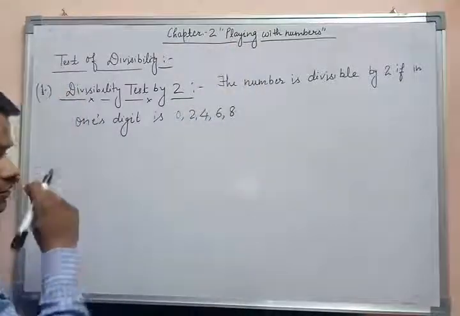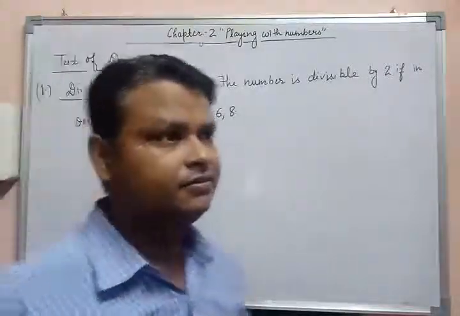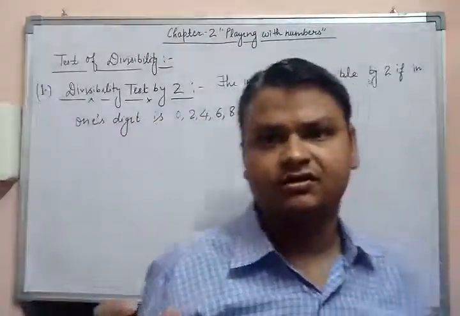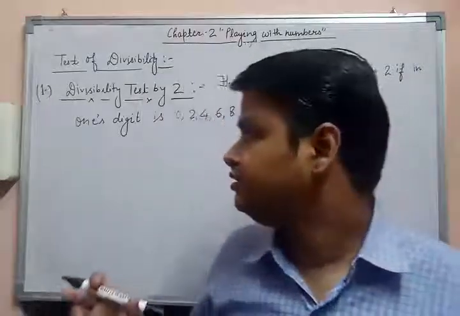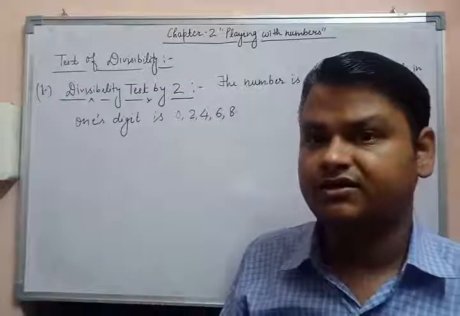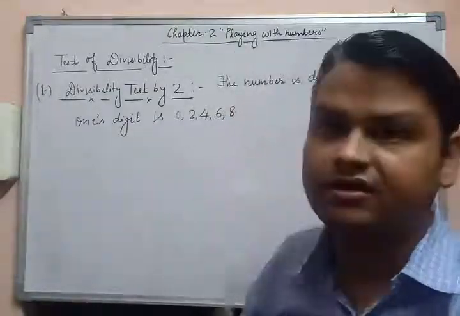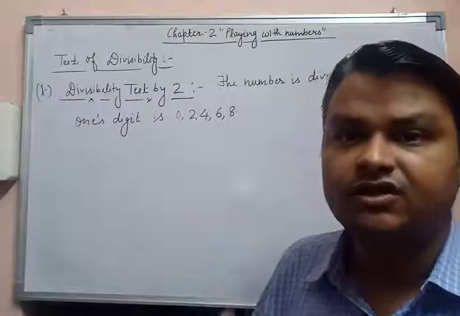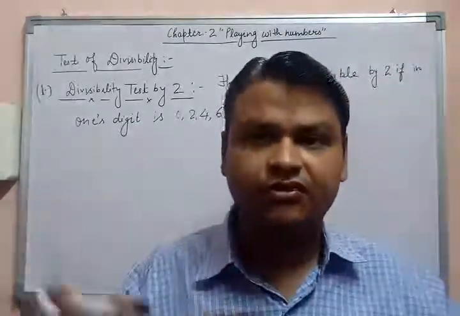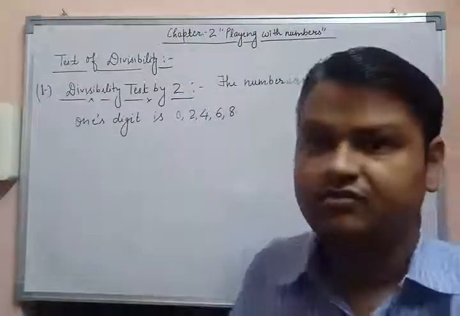So students, you have to memorize that if you check whether a number is divisible by 2, first of all you have to check the unit place number. If the unit place number is 0, 2, 4, 6, 8, then the whole number is divisible by 2. So this is the divisibility rule of 2.